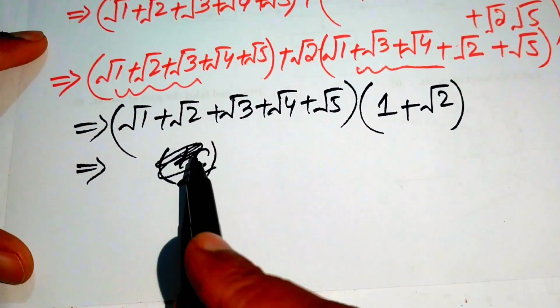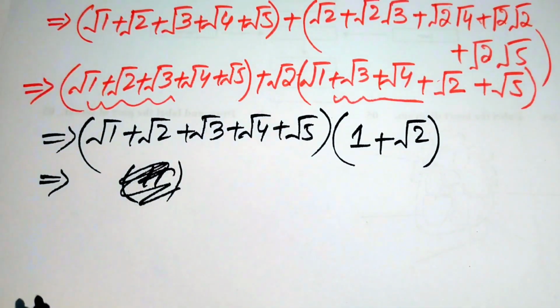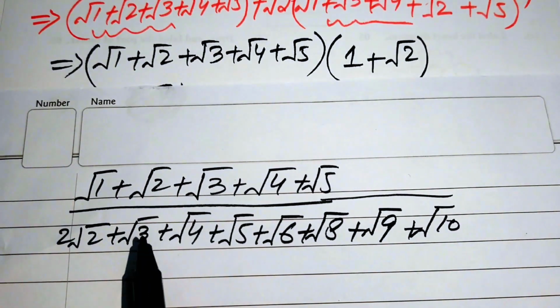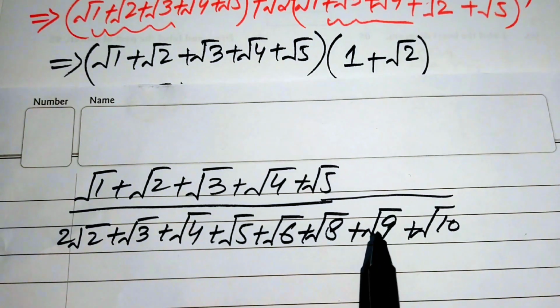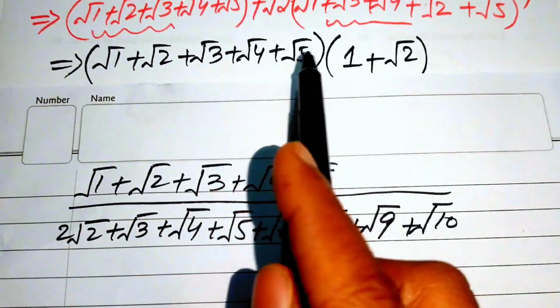And now we back substitute the value of this denominator in the given expression, so that this is our given expression, and in the start of the problem we take the denominator and we finally get the value of this denominator equals this value.